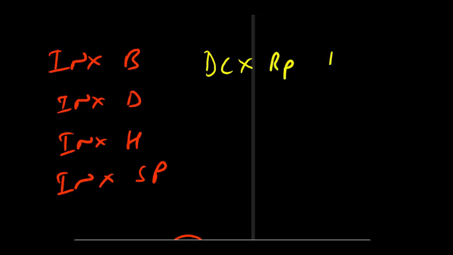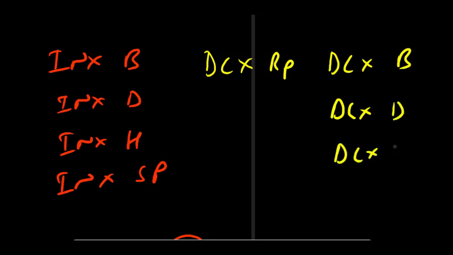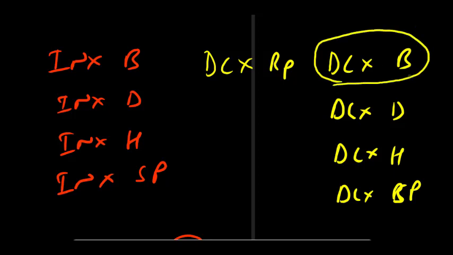There are of course 4 DCX instructions: DCX B, DCX D, DCX H, and DCX SP. This particular DCX instruction, for example DCX B, considers register BC as a single 16-bit register and decrements the contents of that register pair by 1.